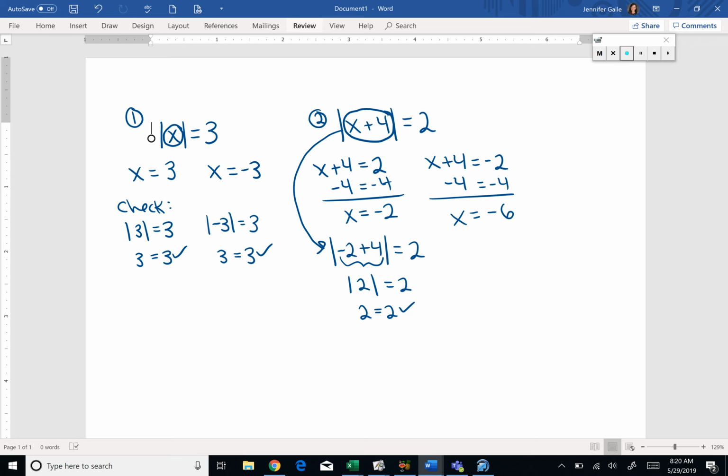Now, just because the first one checks doesn't necessarily mean automatically that you got the second one right, too. I can get the first one right, and I can make a mistake solving that second case. So make sure you check both. So we have our absolute value bars again, and this time we're checking negative 6.